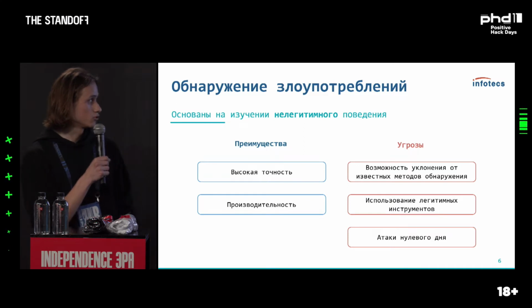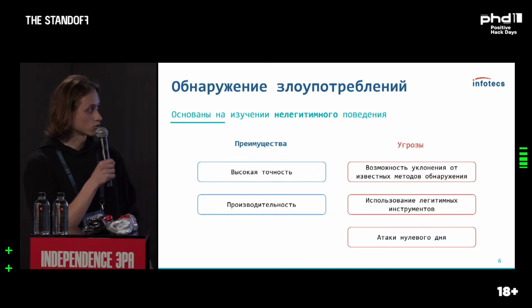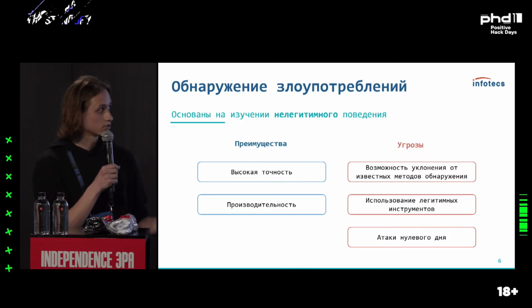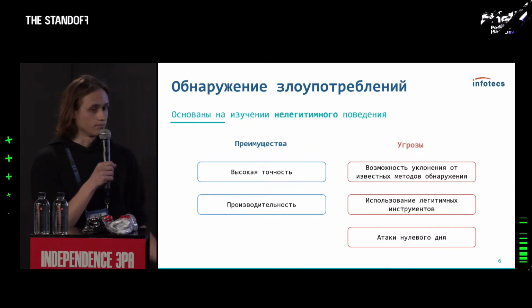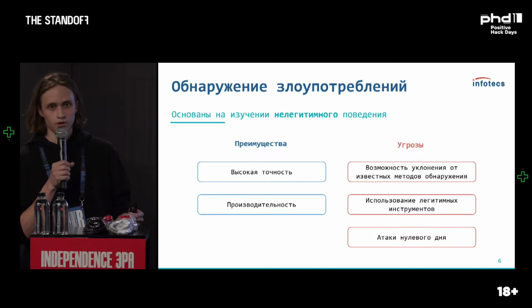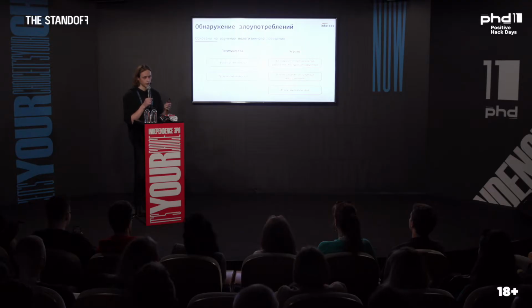Such methods are very productive because these systems do not utilize any complicated mathematical models for cross-validation, but they also have quite a number of disadvantages, like evasion of threat detection.